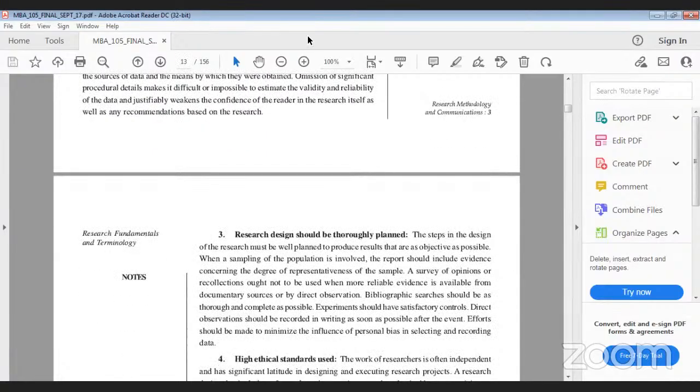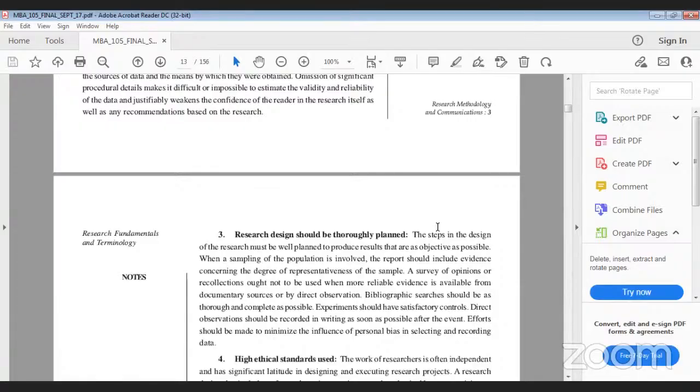सेकंड थर्ड आहे त्या ठिकाणी कॅरेक्टरिस्टिक्स रिसर्च डिझाईन शुड बी प्रॉपर्ली प्लॅन. The steps in the design of the research must be well planned to produce results that are as objective as possible. When a sampling of the population is used, the report should include evidence concerning the degree of representativeness of the sample.